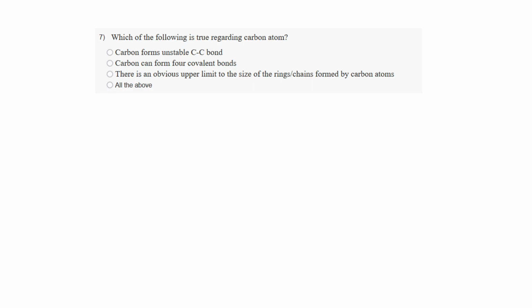There is no upper limit to the size. Actually, I'm not aware much about that, but as it's a very basic thing, I go with option B. But I'm not aware of option C. So what do others think?